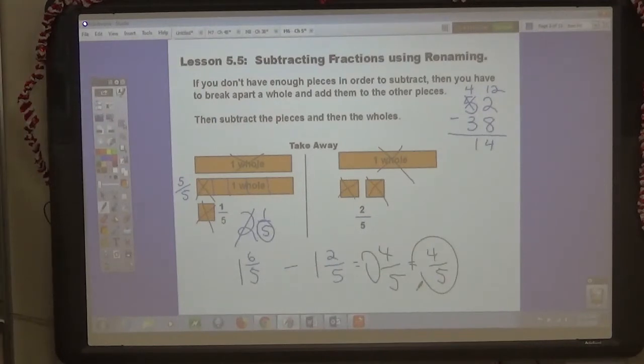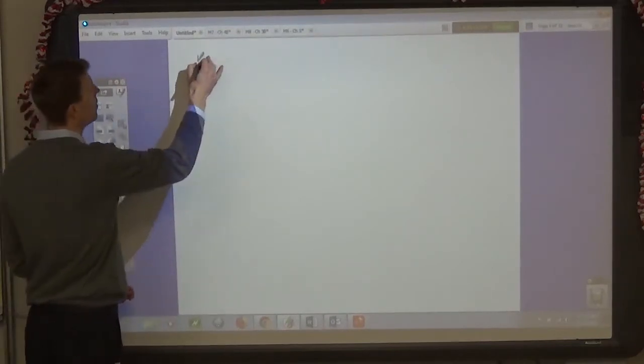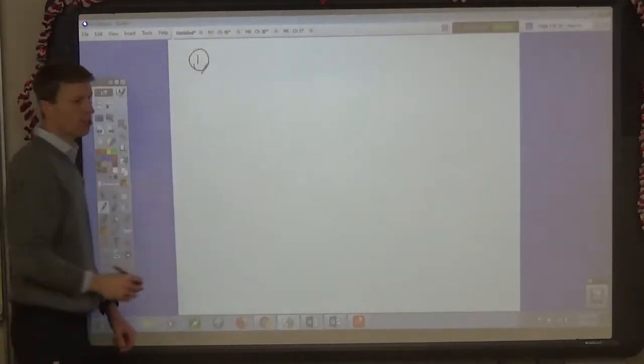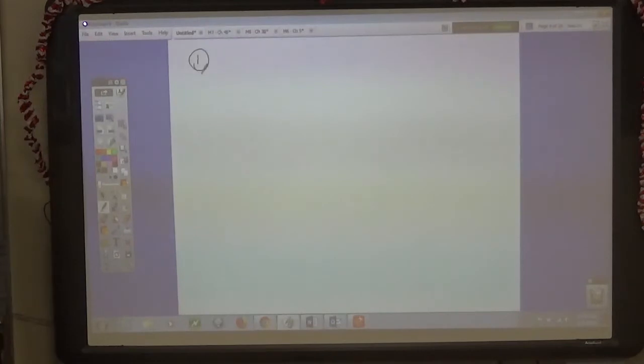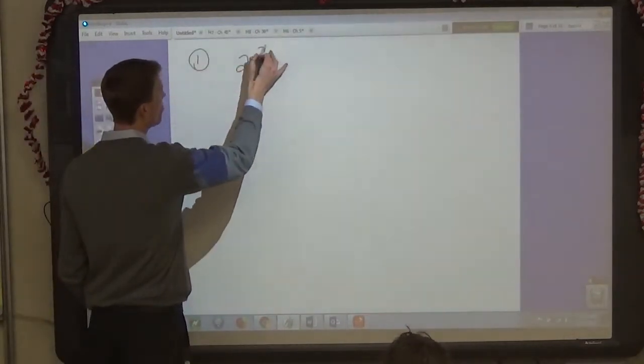Go to page 153. This is going to be your assignment. So, I'll get you started on that. Page 153, number 1. The first question says to copy the problem and to rename it. So, they give you 2 2/3.